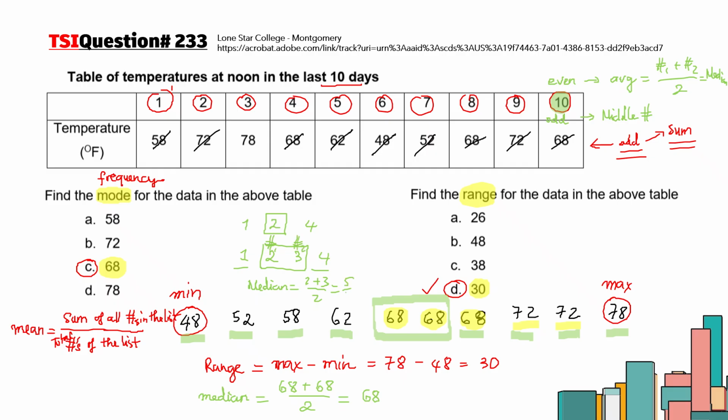So it's 5 divided by 2. That is 2.5. So in this one, the total number of the list is 3. That is odd. And this one, the total number of the list is 4. This is even. So you find the average of the 2 middle numbers, and that is your median.